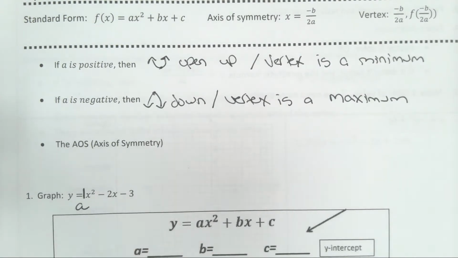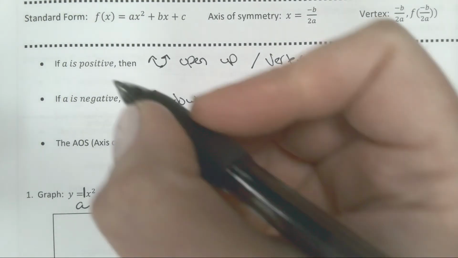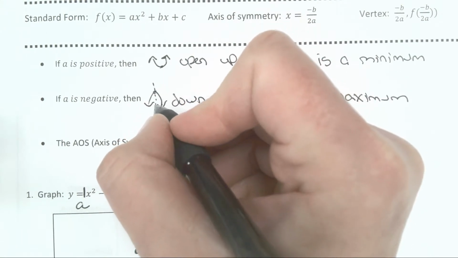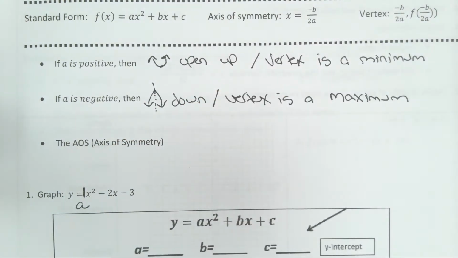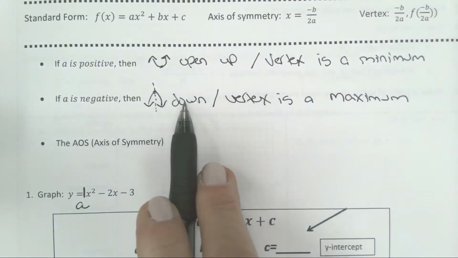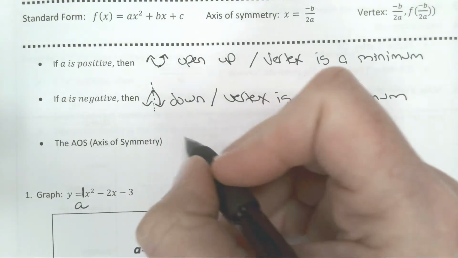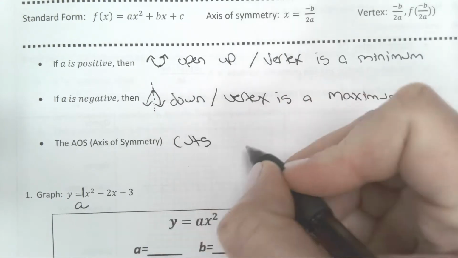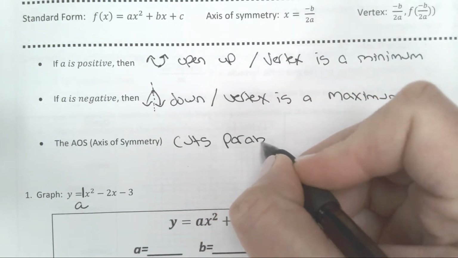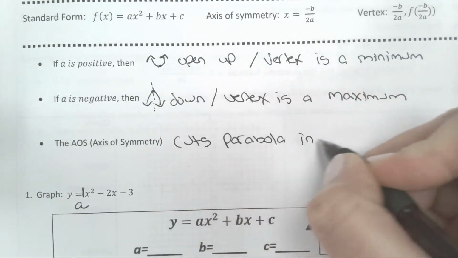The AOS is called the axis of symmetry. The axis of symmetry is an imaginary line that goes through the vertex and cuts your parabola into two equal halves that mirror each other. So it cuts your parabola in half.